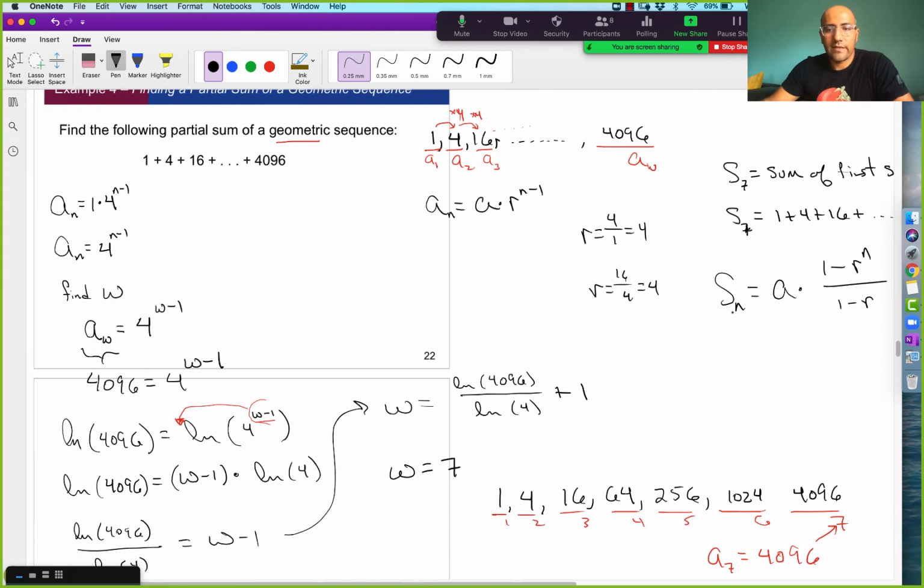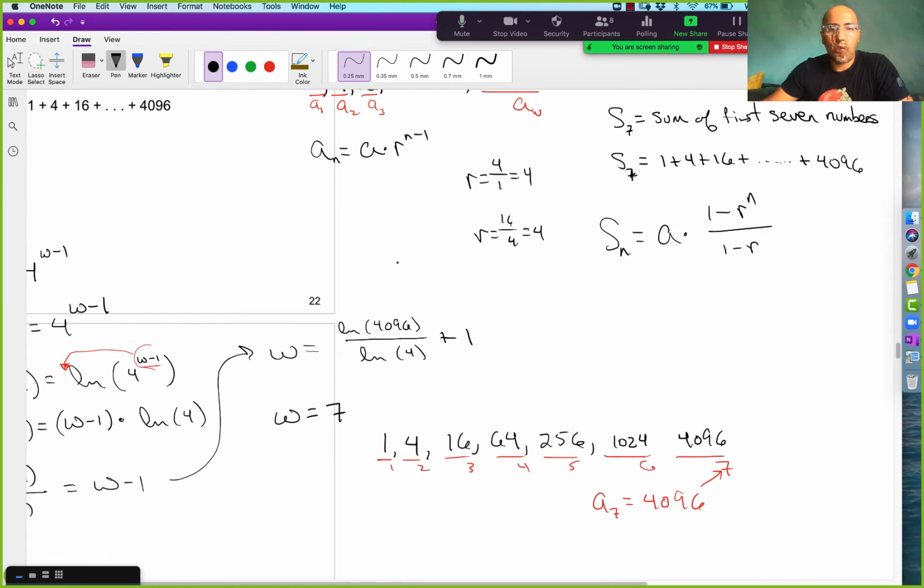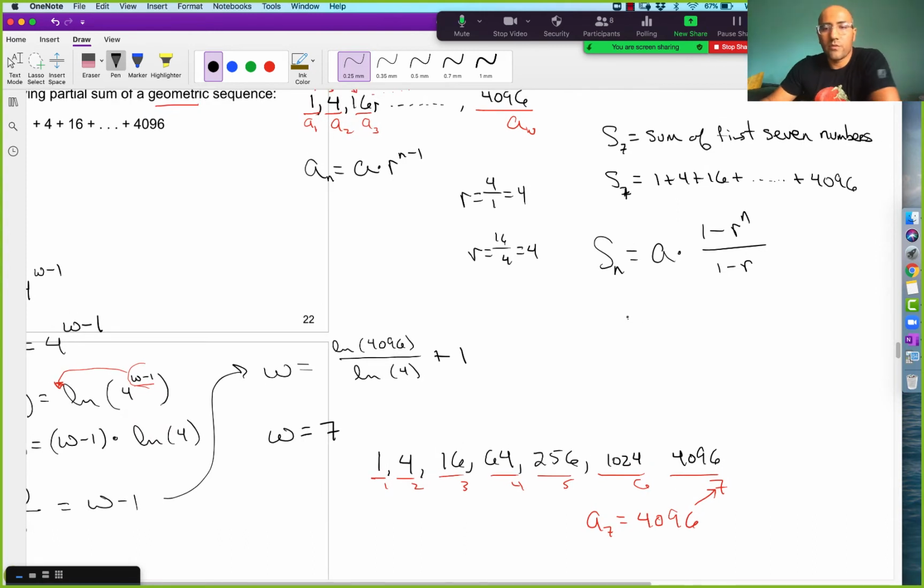Right? That's just from this little formula over here: S sub n equals a times 1 minus r to the nth all over 1 minus r. Okay, so we just plug in the numbers we have.